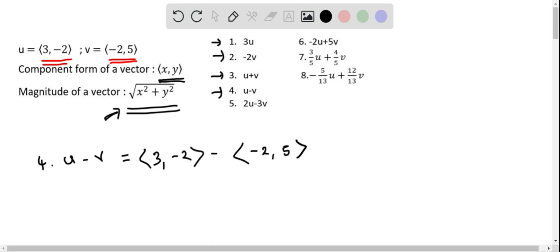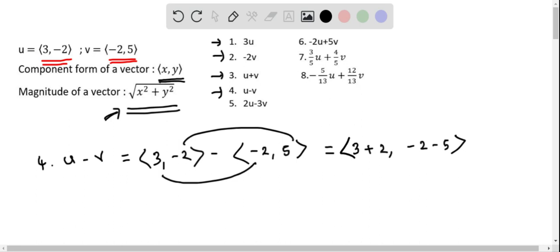So here we have to subtract the vector v from u vector, which means I have to do the component by component subtraction. 3 minus of minus 2 is basically 3 plus 2, and minus 2 minus 5, this will be minus 2 minus 5, and this gives 5 comma minus 7. This is the component form of u minus v vector.